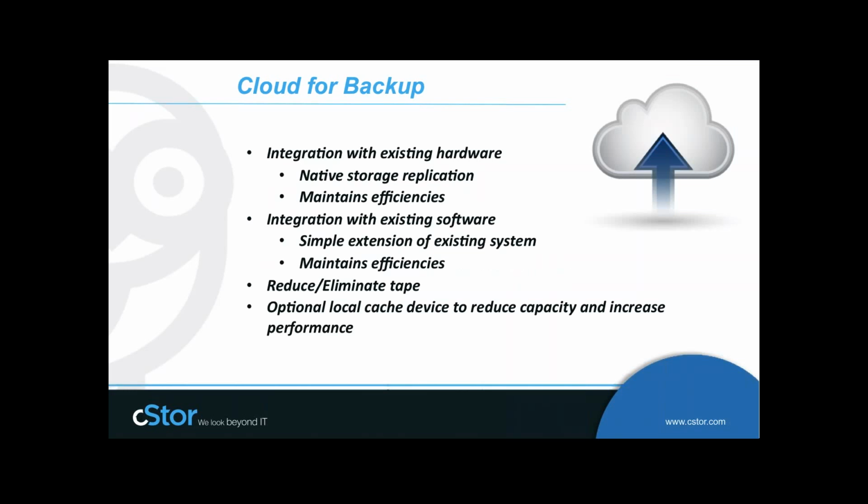So let's say you could have native storage replication from your storage system that's in your own on-premise data center, and then if you can maintain the same protocols and extension of your system to replicate it up to the cloud, you can maintain deduplication and compression and those types of things that are value add for your on-site storage and extend it into the cloud if you maintain that same hardware into the cloud for backups, and then definitely maintaining the efficiencies.